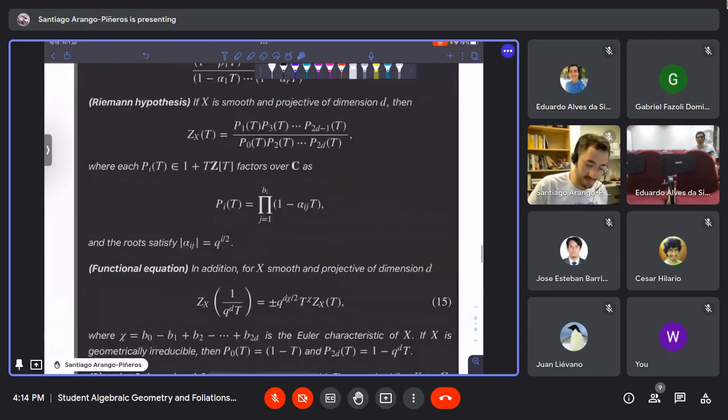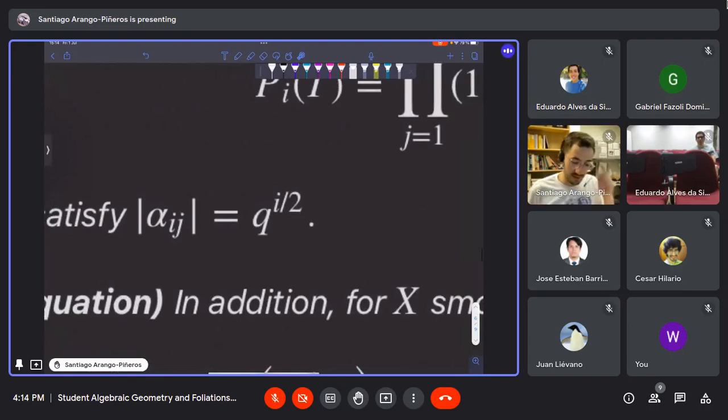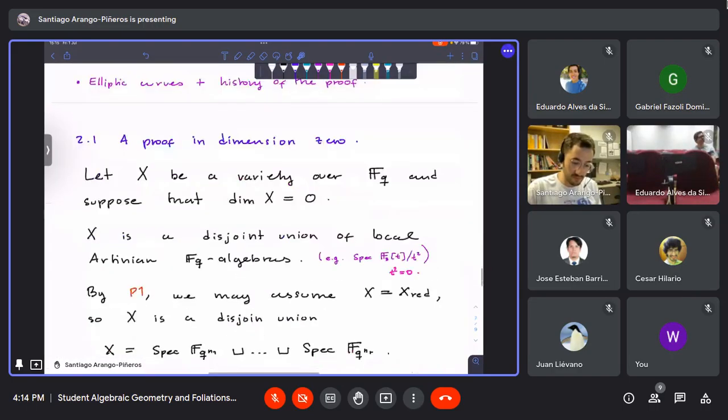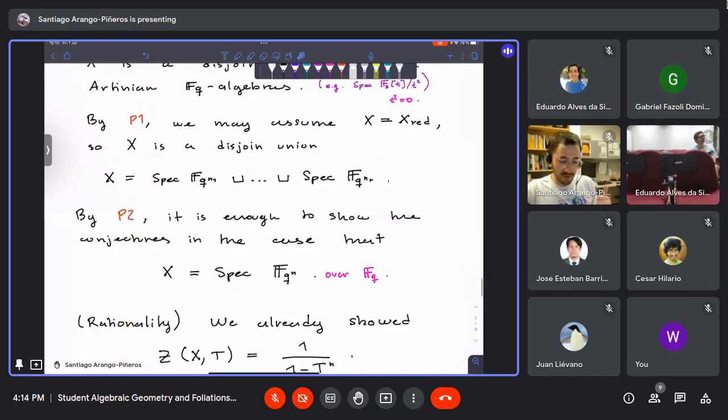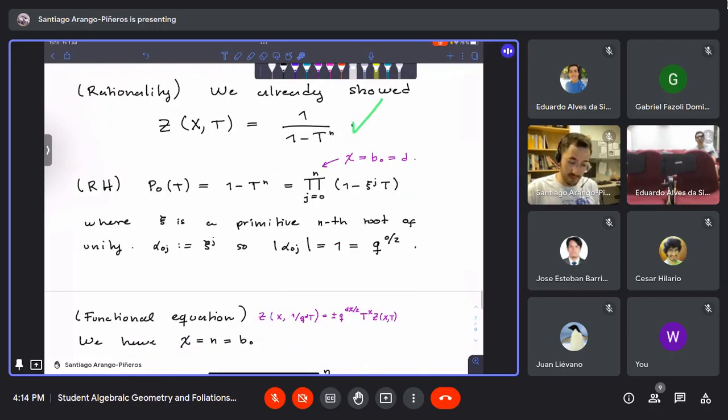So this is this part of the conjectures, the fact that the roots lie in a given circle. And here i is equal to 0. So great. We've verified both rationality and the Riemann hypothesis.